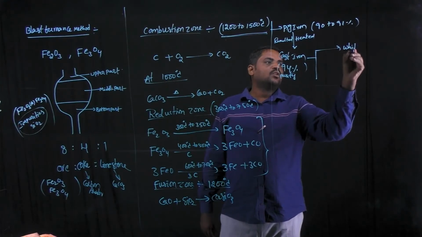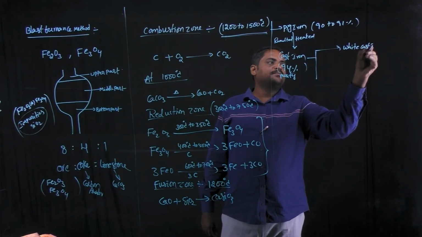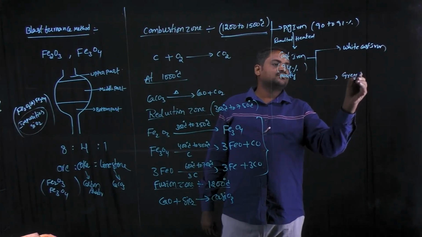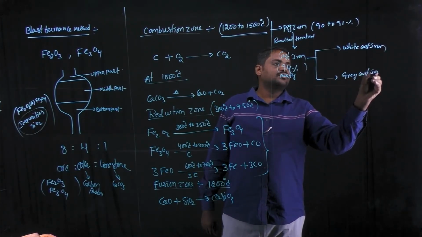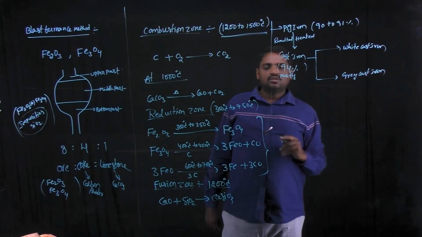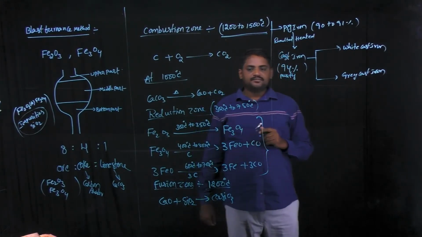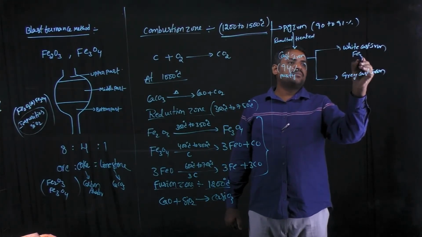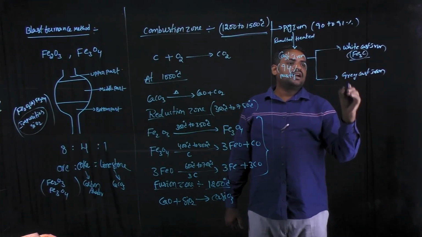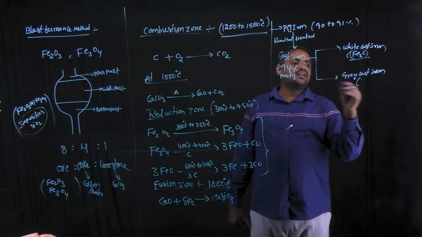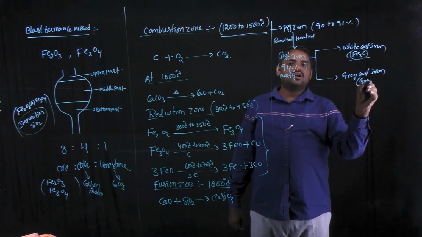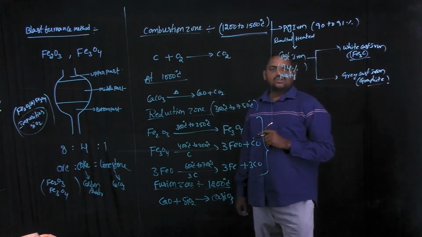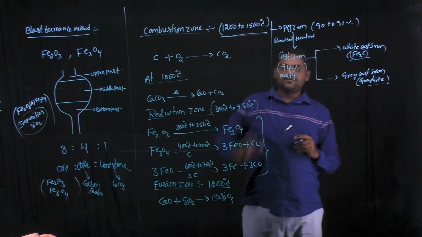First one, white cast iron, and second one is grey cast iron. In white cast iron, carbon is present as ferrous carbide, and in grey cast iron, carbon is available in the form of graphite.